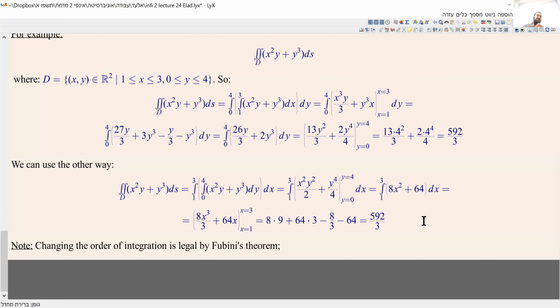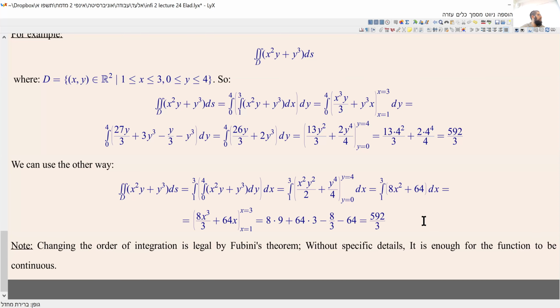I'm not getting into the specific details. It is enough, but of course not necessary, for the function to be continuous. Then we can change the order of integration however we want.